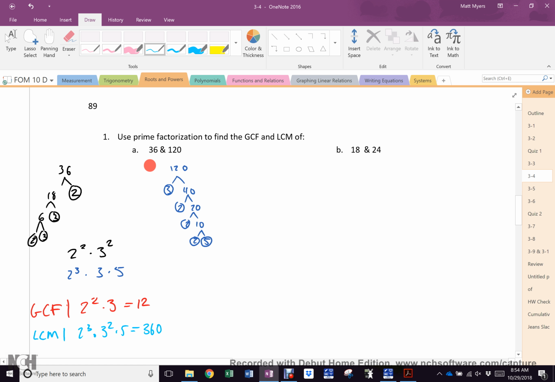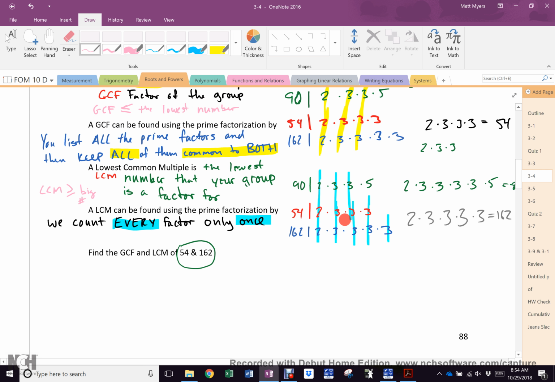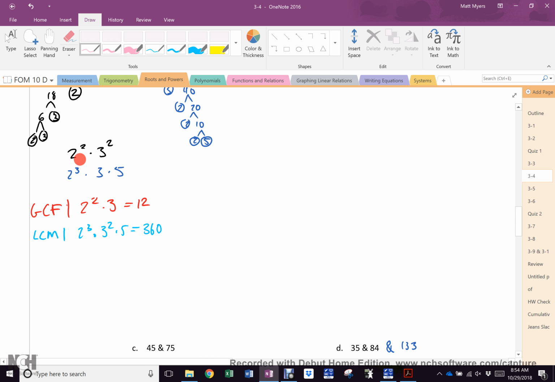Is everybody cool? Now, do I care if you want to write these all the way out? If you find this easier, do it. If you find using the exponents easier, do it.